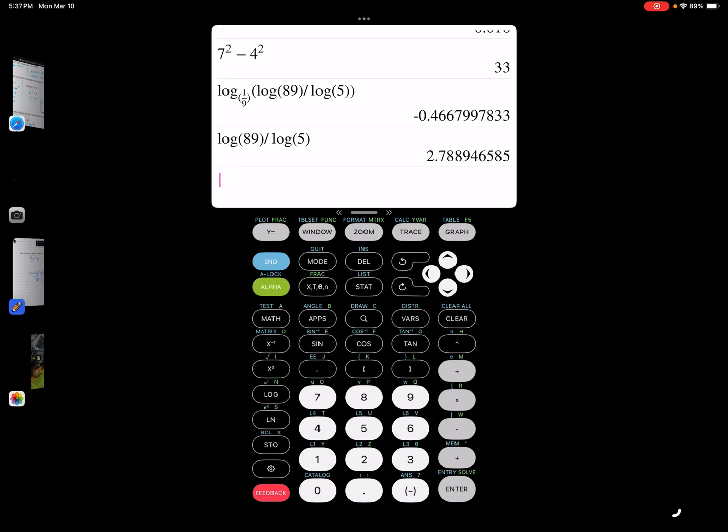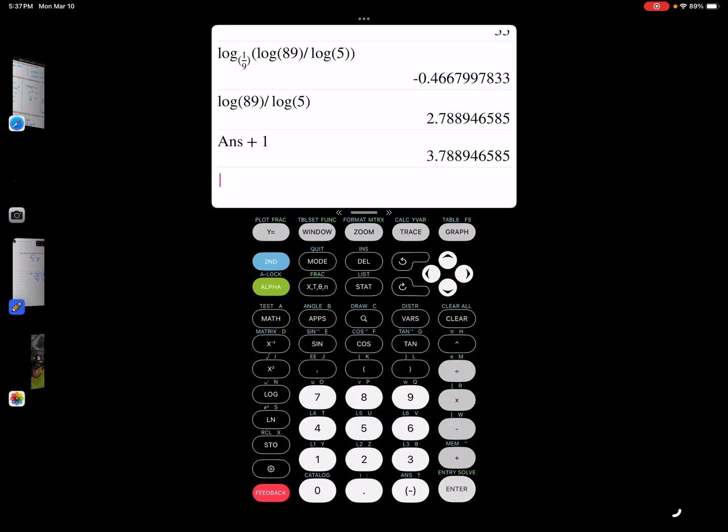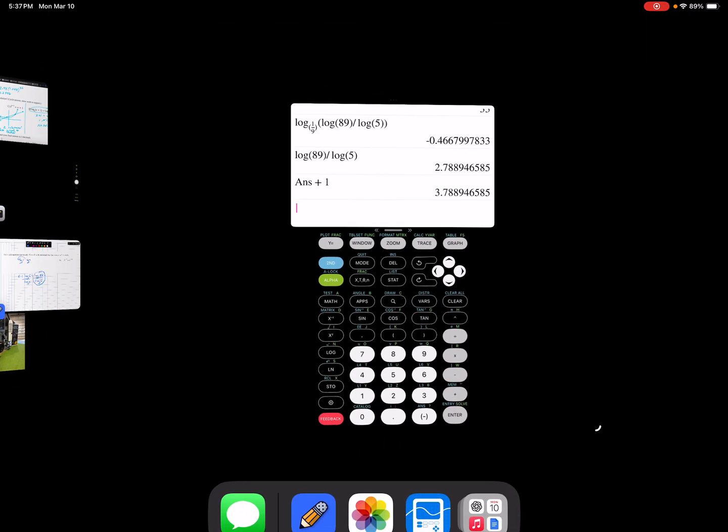And then it's x minus 1, so 2.789. They make you go out a lot of decimal places. Then you add 1, but I leave this in the calculator and just go plus 1, and then it's 3.789.